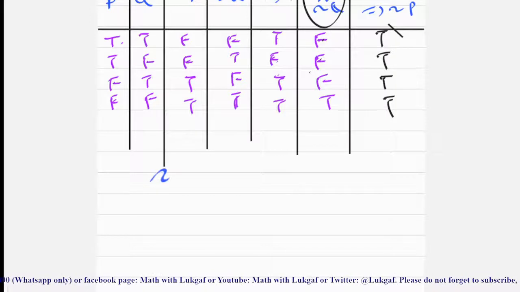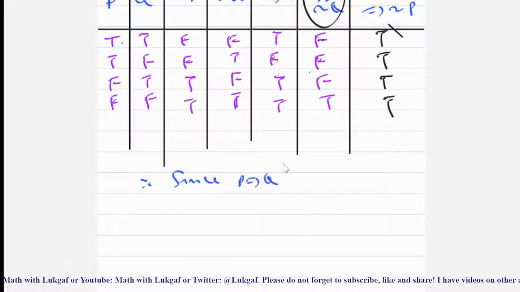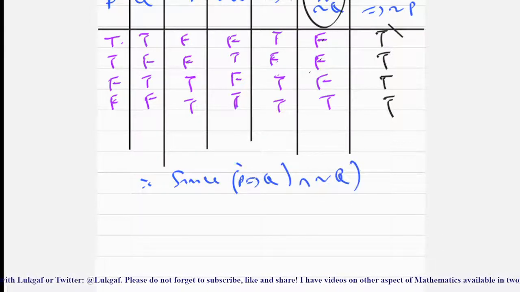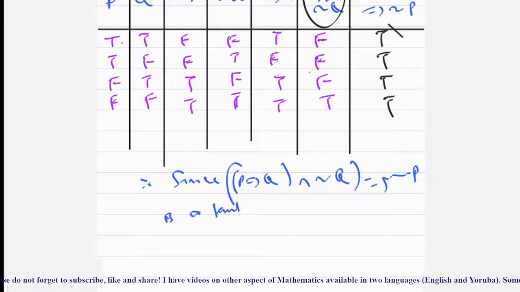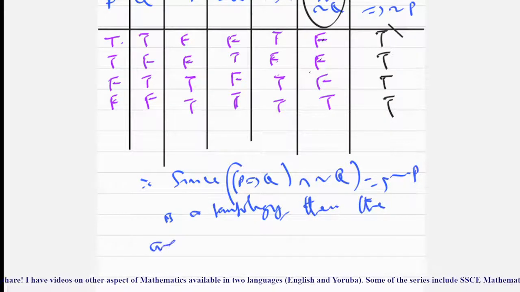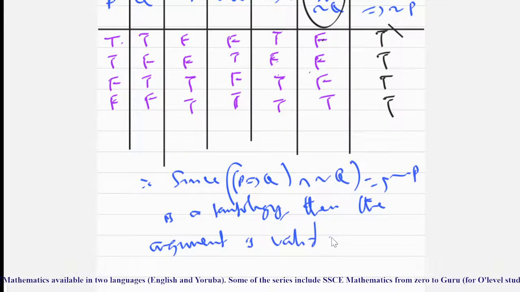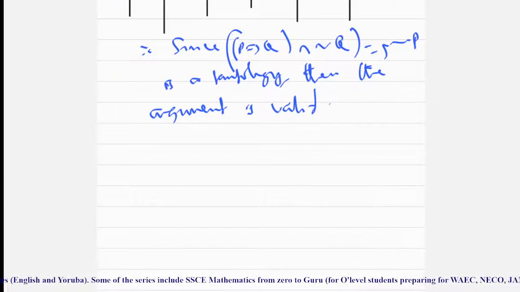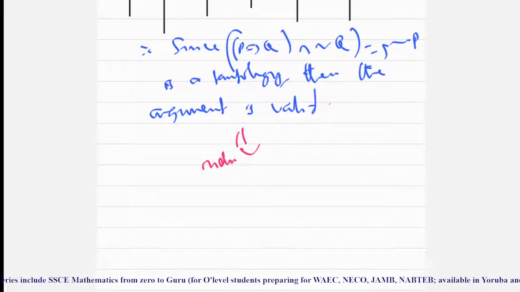So then you are now going to say, therefore, since P implies Q and negation of Q implies negation of P is a tautology, then the argument is valid. So the argument is valid. And what type of reasoning is this? It is indirect reasoning. Do you know why?